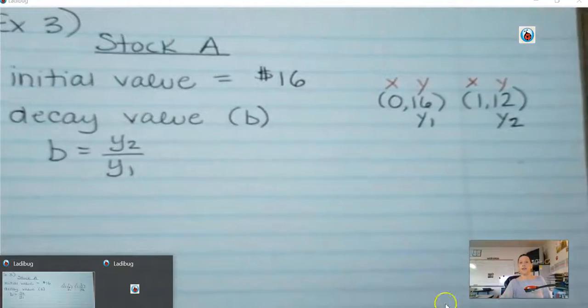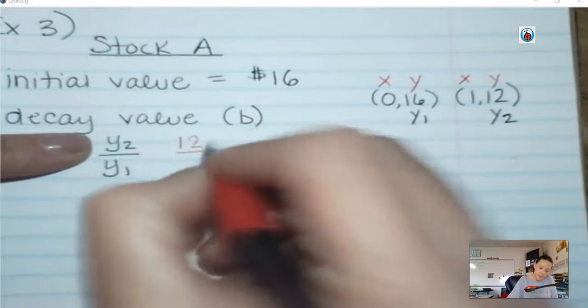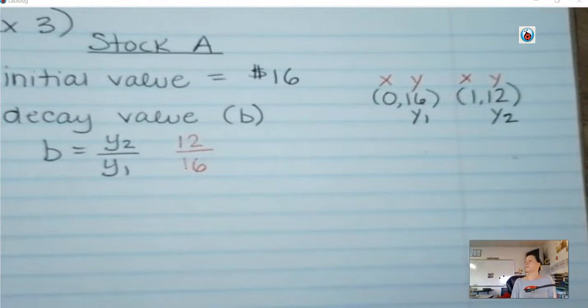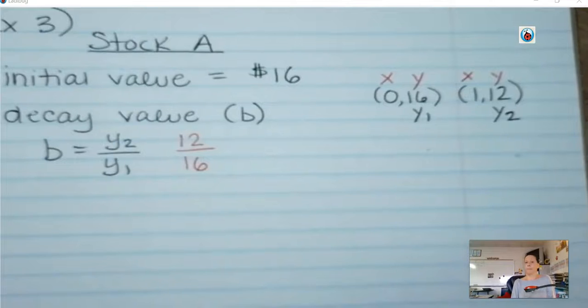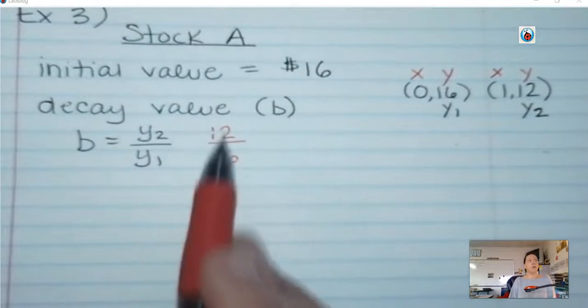To come up with the decay value, y sub 2 is 12 and y sub 1 is 16. Make sure you're taking good notes, because some of you look back at your notes and have no idea how to redo this. To find the decay value, that's your B: 12 over 16.